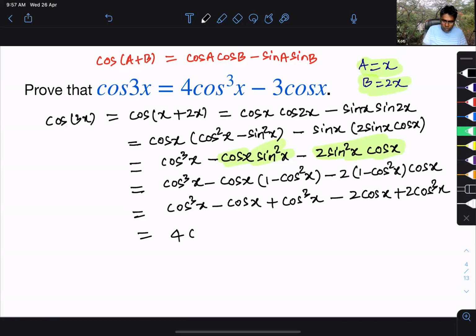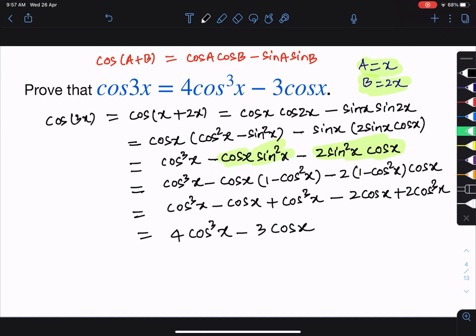So you have 4 cos cube x minus 3 cos x. Again, we will be using this in the next session when we do a few simple problems. I'll pause here for a minute. Let me know if you understood this one, or if you have questions.